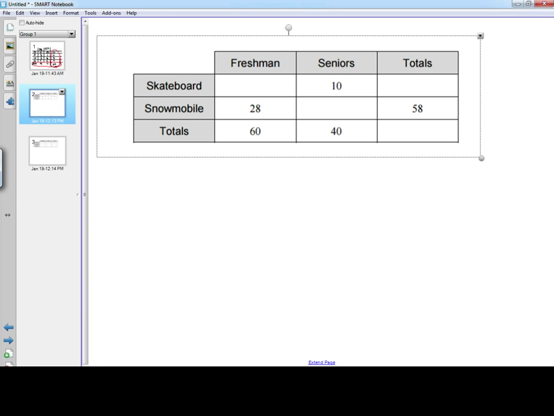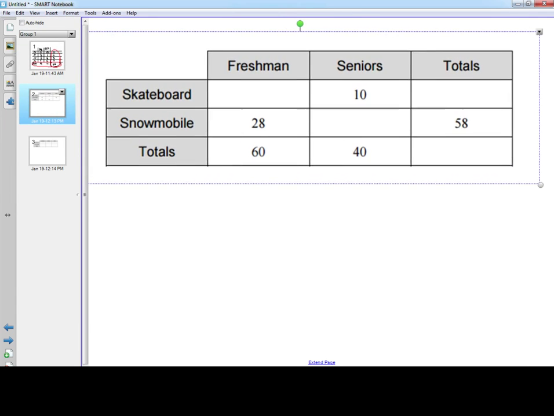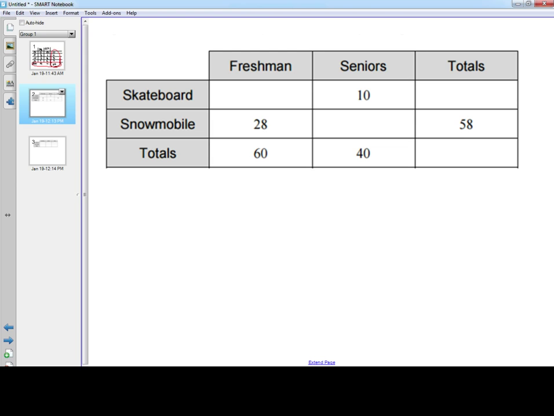So let's take a look at this problem here. I like these because they almost feel like puzzles, almost like Sudoku, okay? Because you know what's supposed to happen, and all you have to really do is start filling in the rest of these. So could we figure out how many freshman skateboarders we're supposed to have? How many? 32.